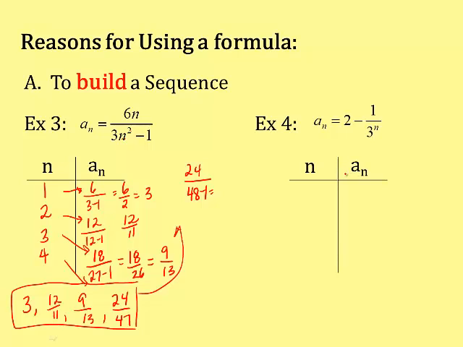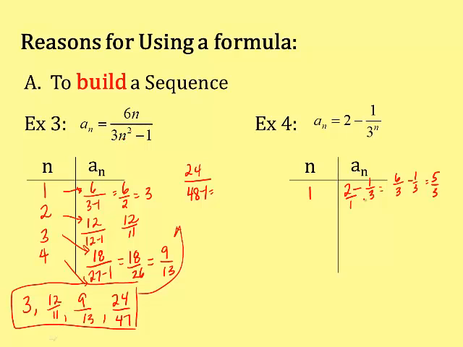Alright, let's try one last sequence on building, okay? So if I put in a 1, alright, let's do this. 2 minus 1 over 3, because 3 to the first power is 3. So I need a common denominator of 3. That makes that 6 over 3 minus 1 over 3, which is 5 thirds. Okay?